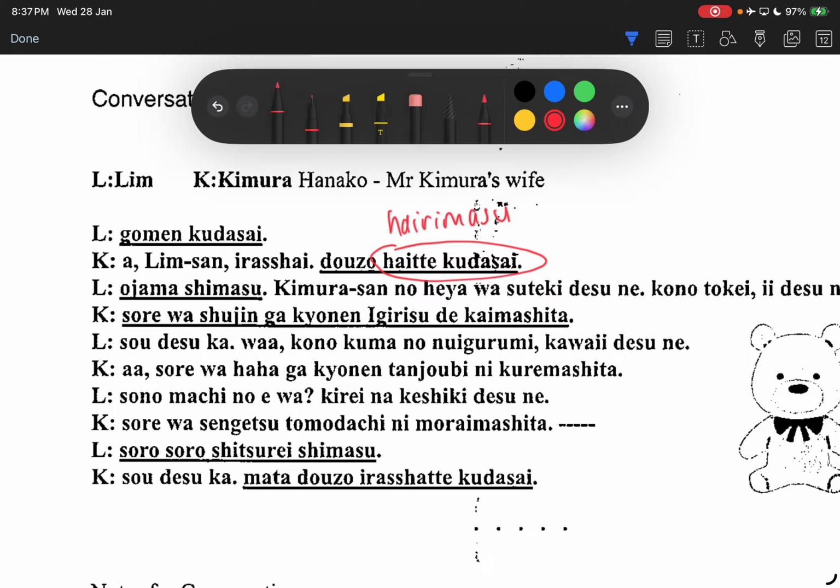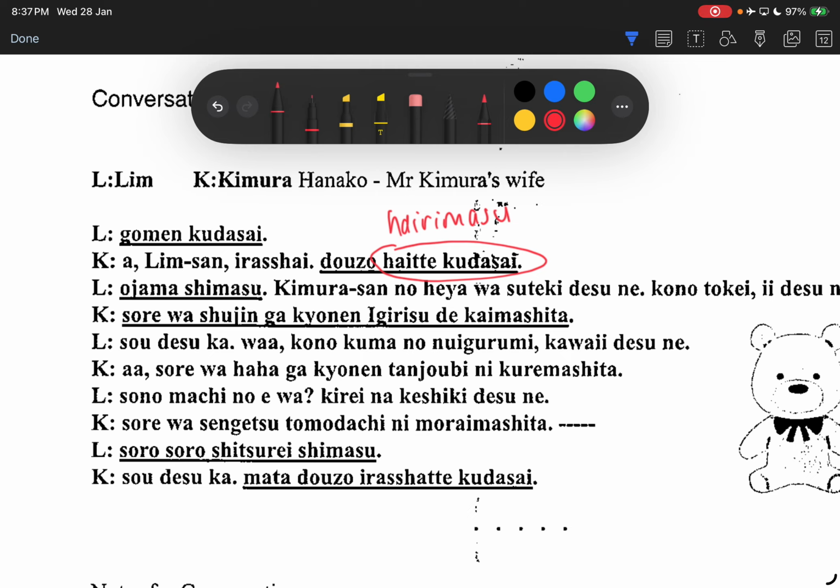Kimura-san no heya wa suteki desu ne. So suteki means amazing, fabulous, wonderful. It just means like wow, that kind of wow factor. Suteki desu ne. So Kimura-san no heya. Heya means room.